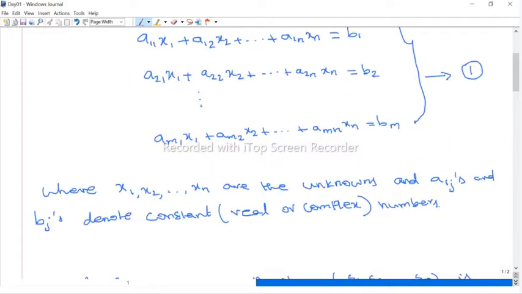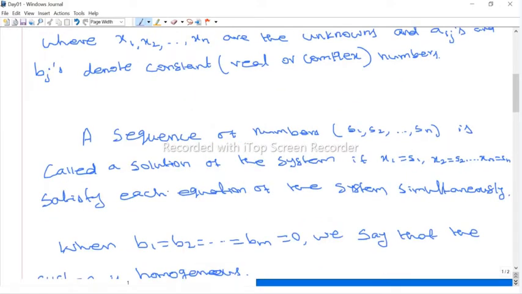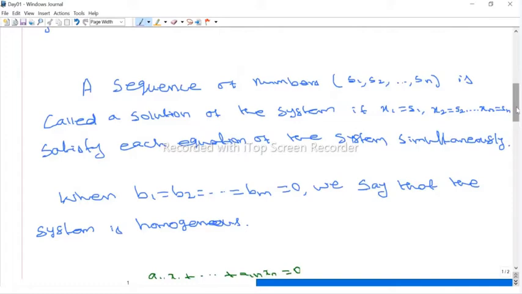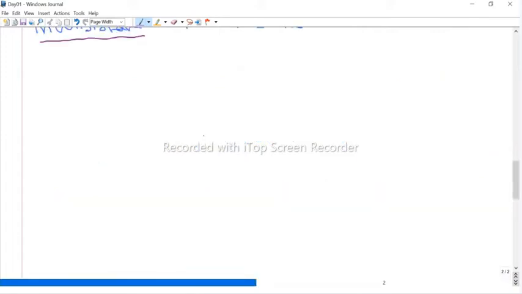Now the system of equations can be written in a simple form, as a matrix form.